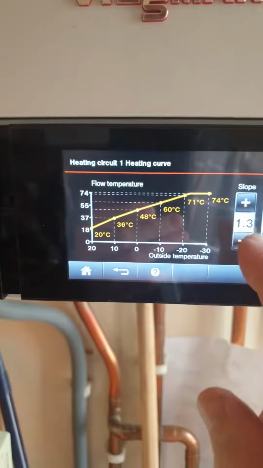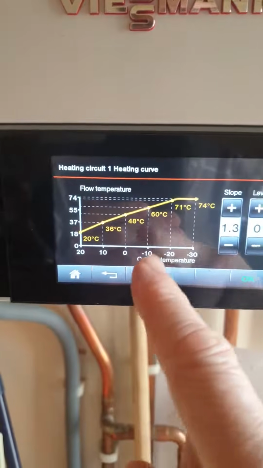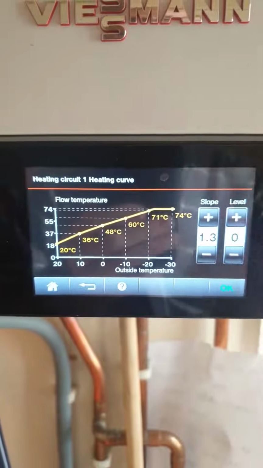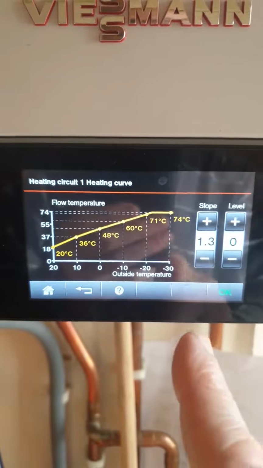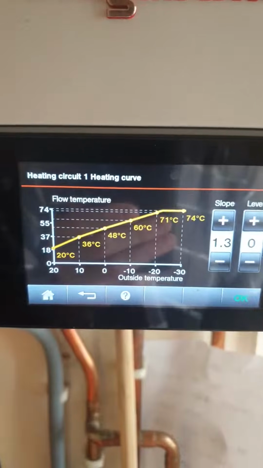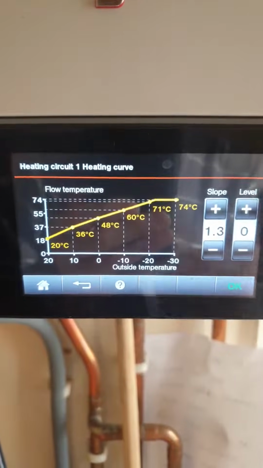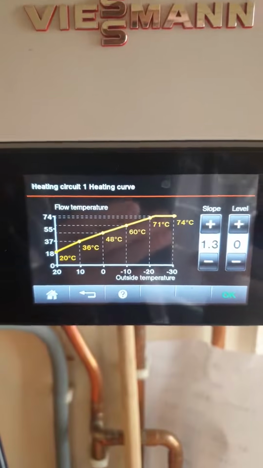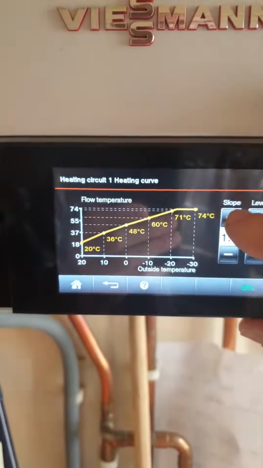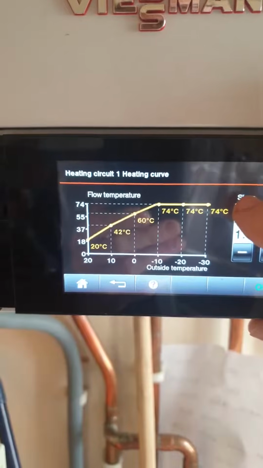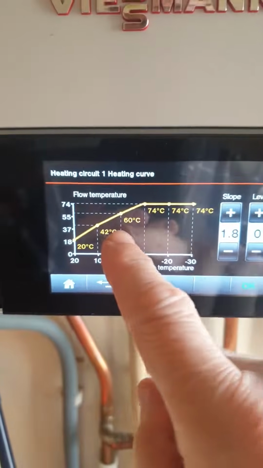If I go down to 1.3, you can see here that pretty much I would have 49-50 degrees at -1, and therefore somewhere between 1.3 and 1.4, and there isn't an in-between, would be 50-30 design.